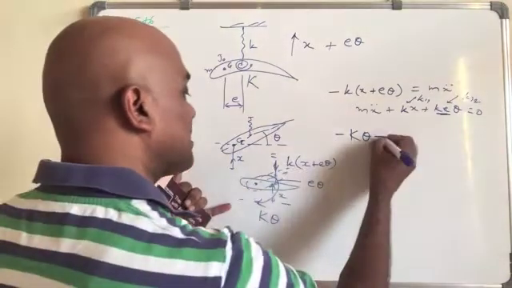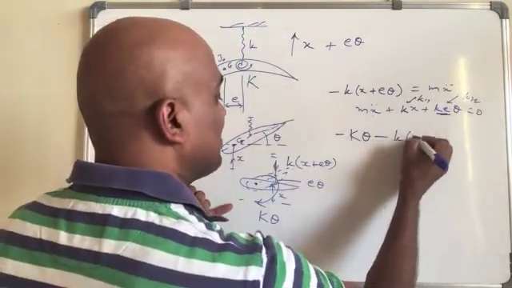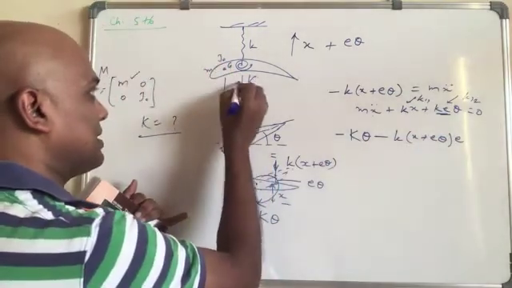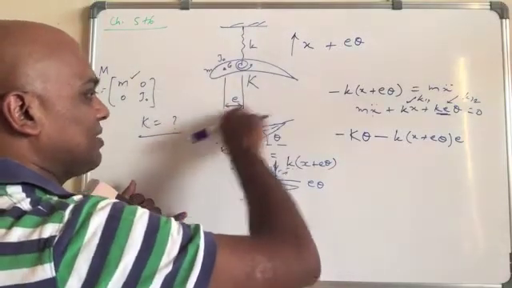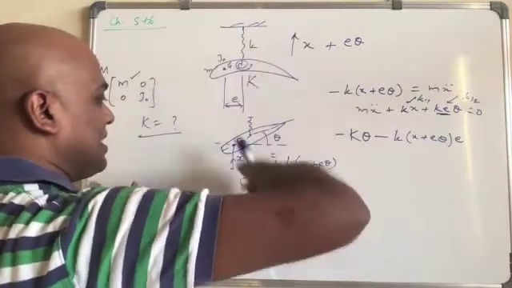The small k is also clockwise, minus k times x plus e theta multiplied by e, because this force is acting here, and multiplied by this lever e is the moment, which is also clockwise.